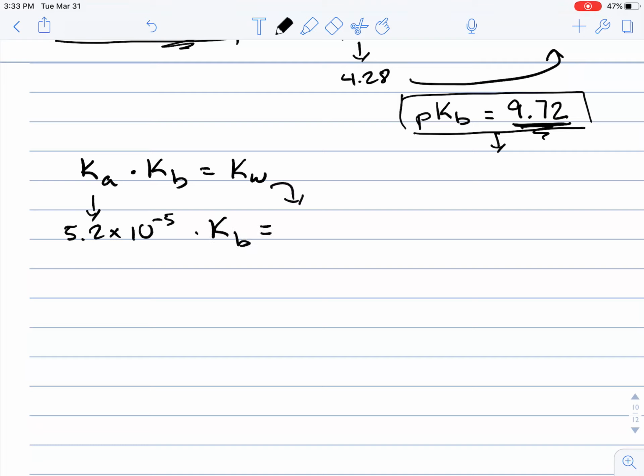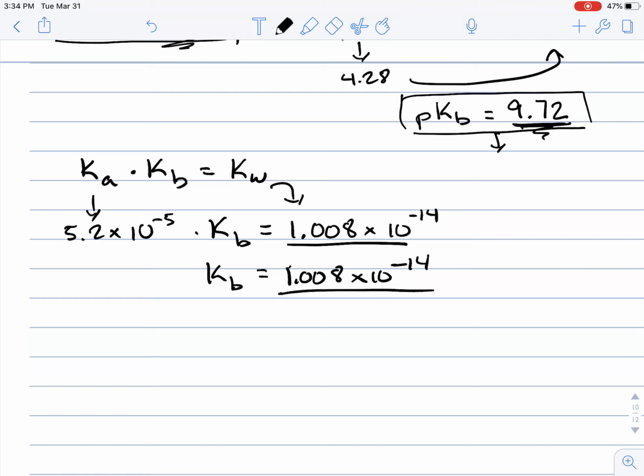Kw at 25 degrees Celsius is 1.008 times 10 to the negative 14. And so Kb is going to be the quotient: 1.008 times 10 to the negative 14 divided by 5.2 times 10 to the negative 5.